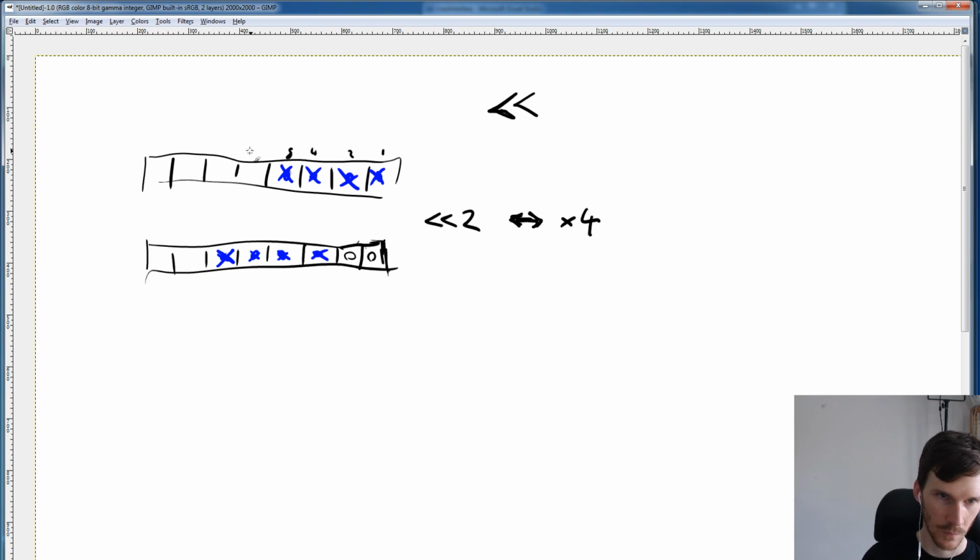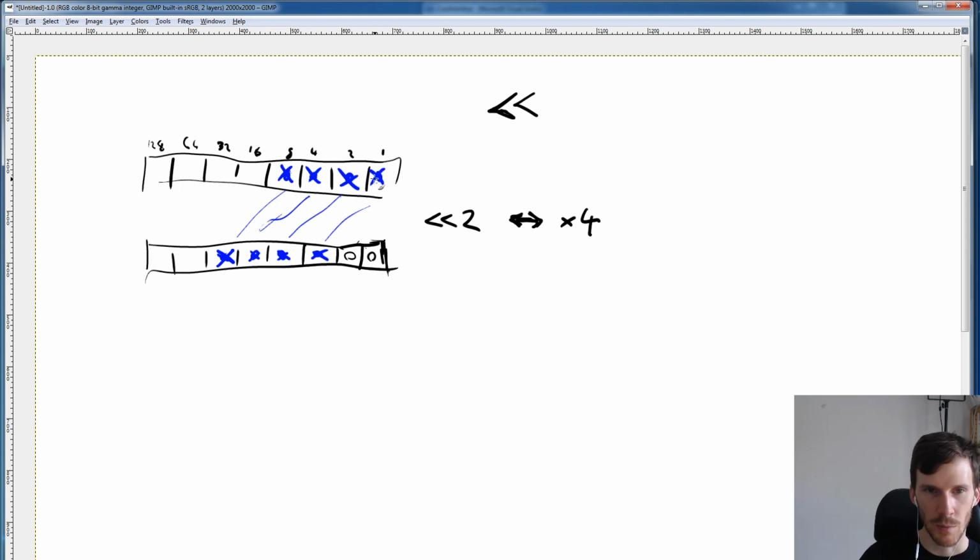I thought it would have been multiplied by 2, but I'm clearly wrong. 1 becomes 2, so that's times 2, and then 2 becomes 4, so that's times 4.